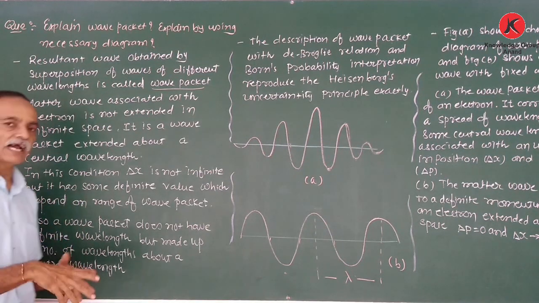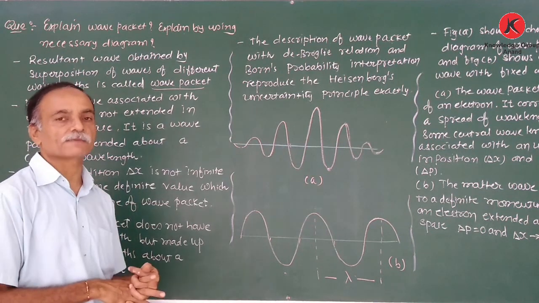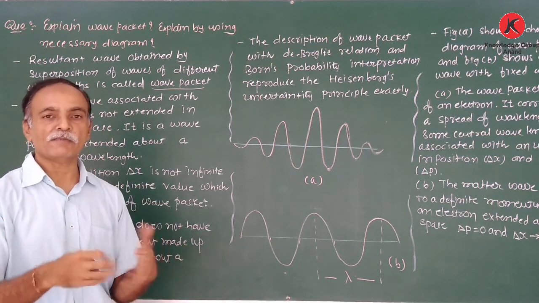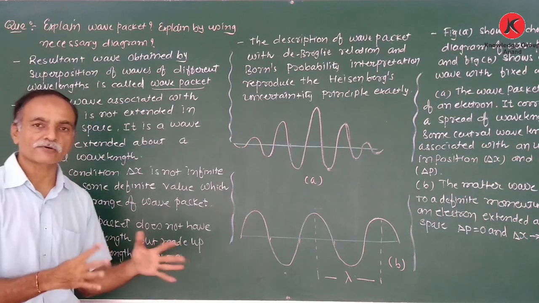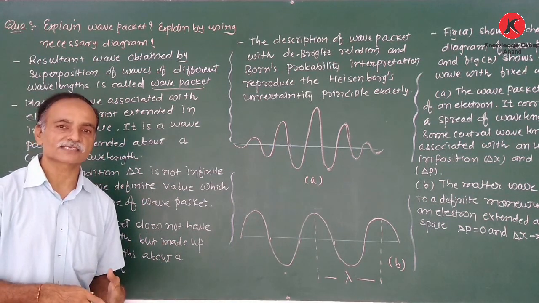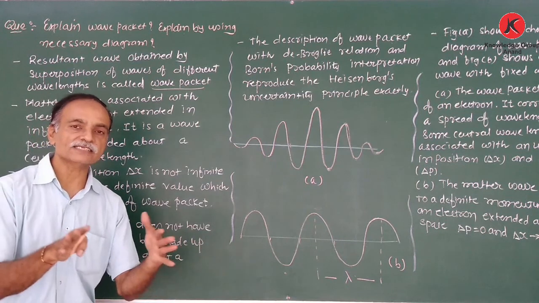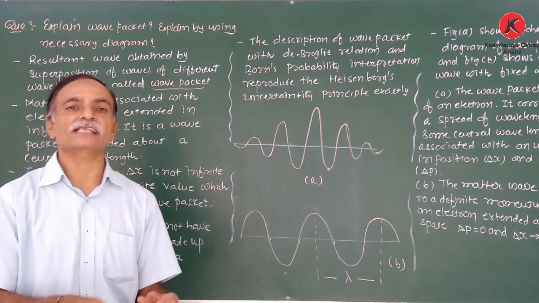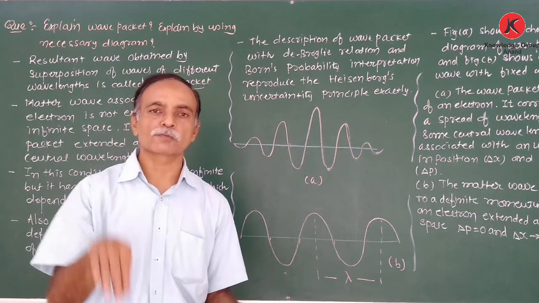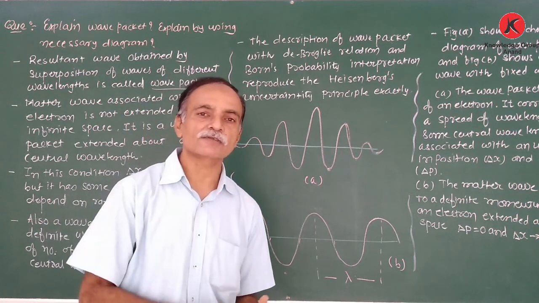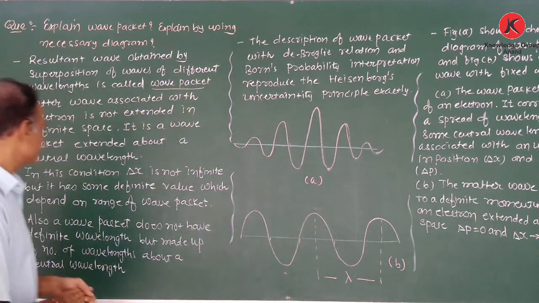Earlier in Heisenberg's uncertainty principle, if the wavelength and momentum are fixed, the position of the electron becomes more uncertain. To make the position definite by considering the wave nature, we take a number of waves superposed on each other. That means the concept of the wave packet.